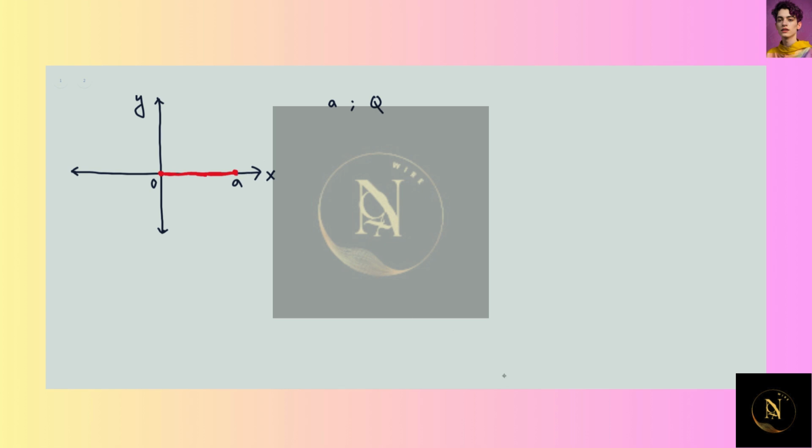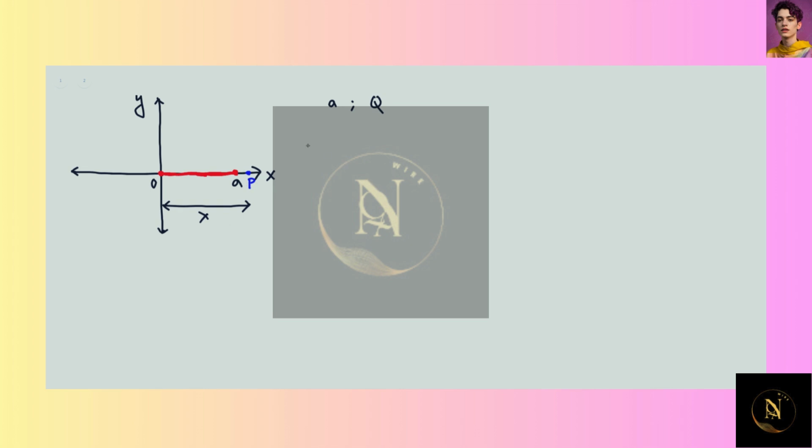So we have to find the electric field at any point outside this distance. So let's say at this point here. Let's call this point P, and let's assume that P is placed at a distance x from the origin, and we have to find the electric field at this point P.